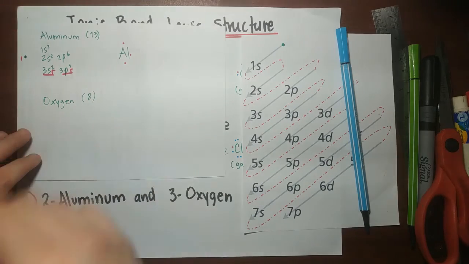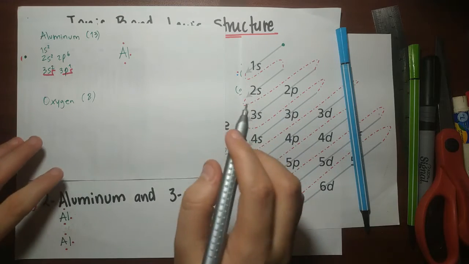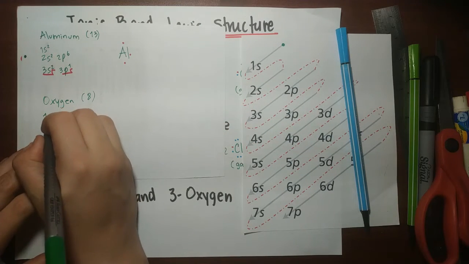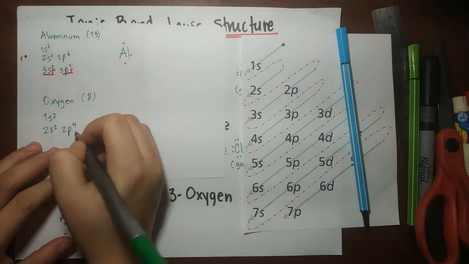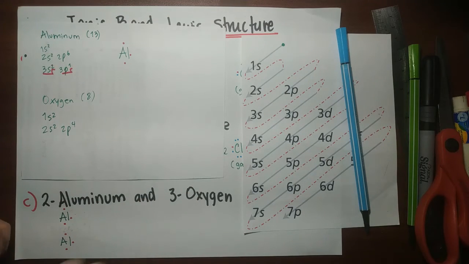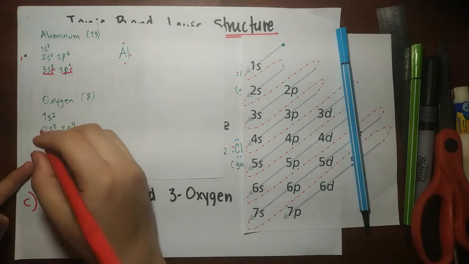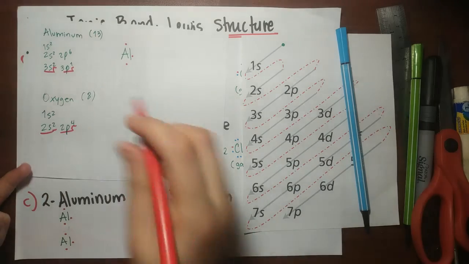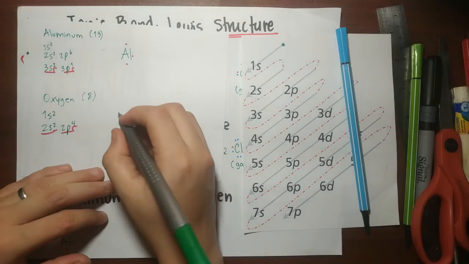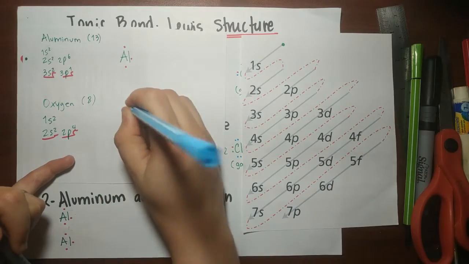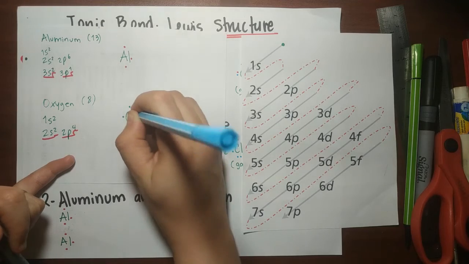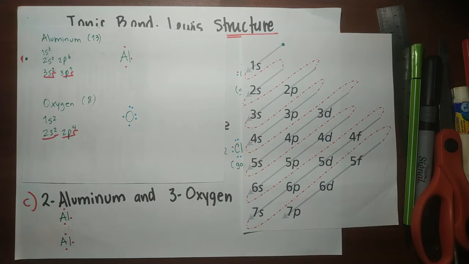Yes, we just did it. But just in case you have forgotten, the electron configuration is 1s2, 2s2, 2p4. 2, 2, and 4 makes 8. Electrons in the outermost level are 2 plus 4, which is 6. So basically we have oxygen, and we have 1, 2, 3, 4, 5, 6 dots around it.